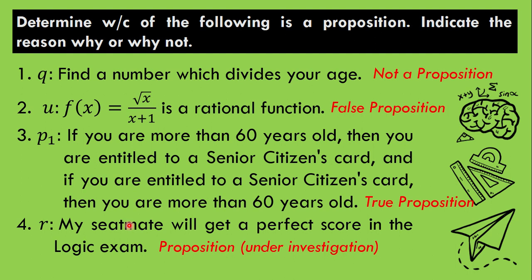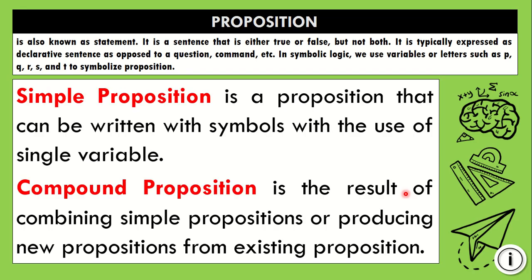Examples number 2 and number 4 are simple propositions, while example number 3 is a compound proposition. If we look at this, we have connectives here: the if, the then, and the and. It's more than one simple proposition. Again, a simple proposition is a proposition that can be written with symbols using a single variable, while a compound proposition is the result of combining simple propositions or producing new propositions from existing propositions.